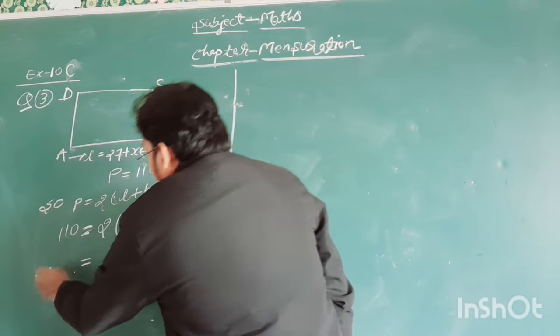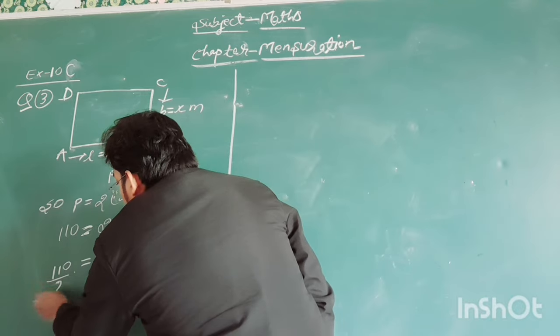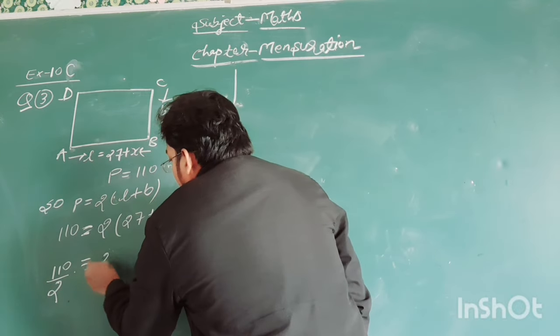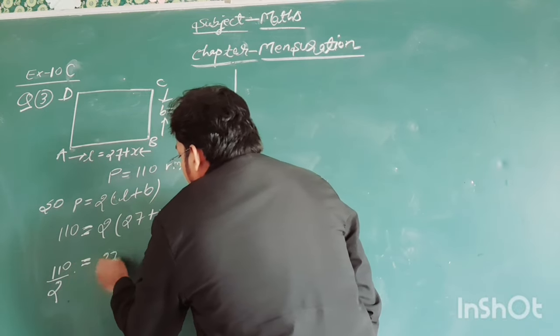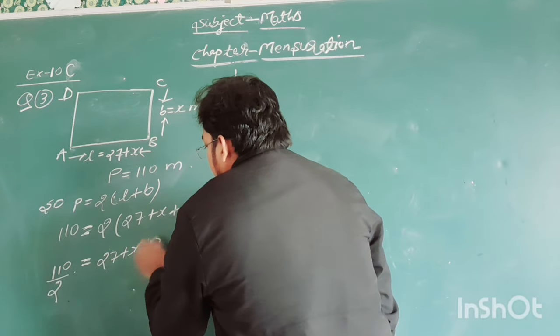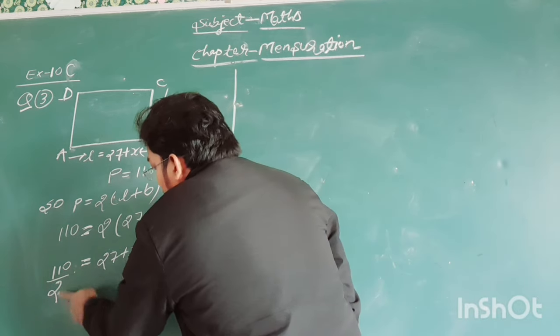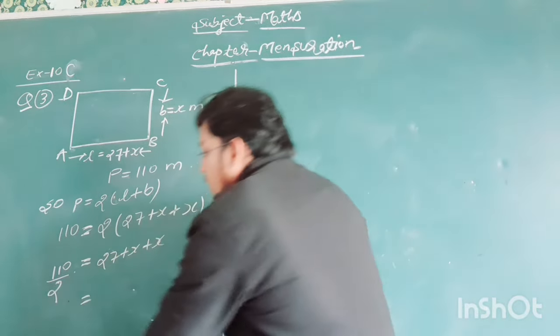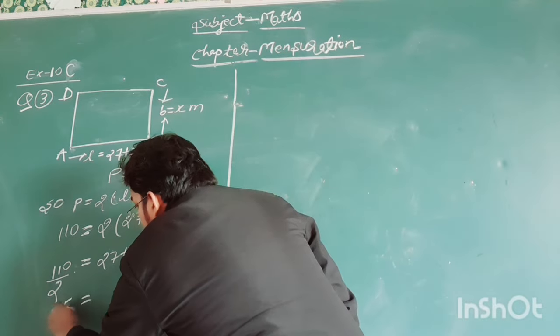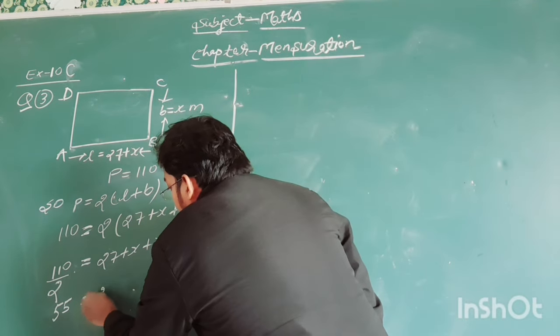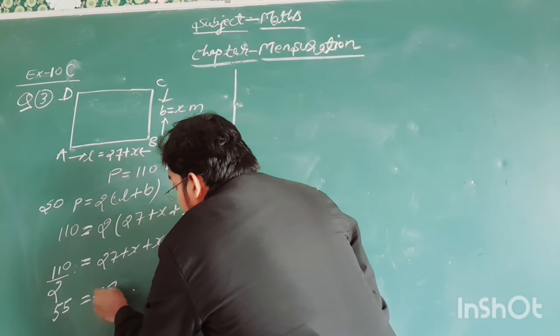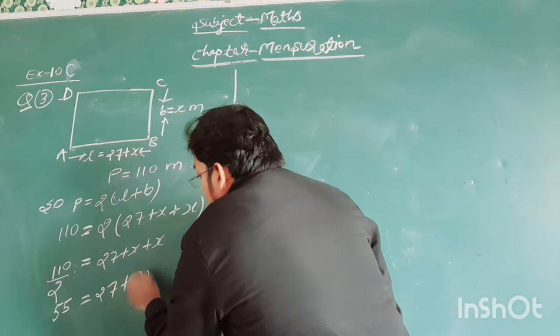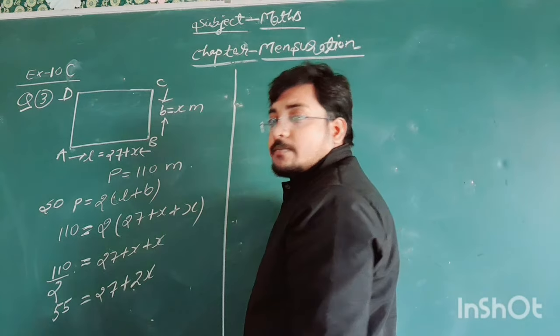So 110 upon 2 is equal to 27 plus x plus x. Division of 110 and 2 is 55, and this is equal to 27 plus 2x.